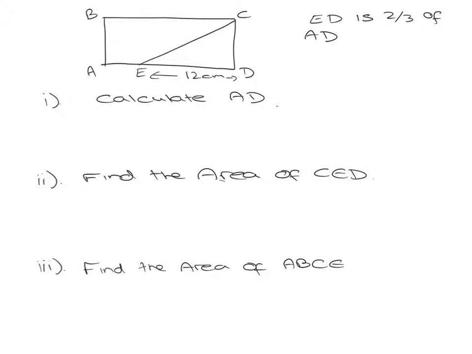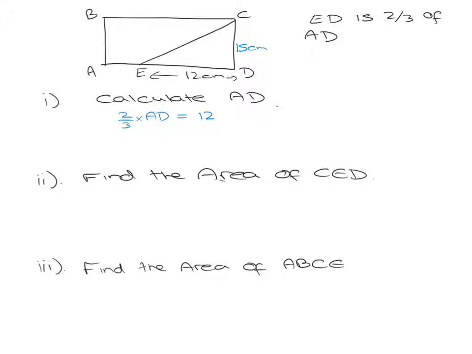So in this question, it's broken down for us in a couple of parts. CD is actually 15 centimeters, and it tells us that ED is 2/3 of AD. And because we know that ED is 12 centimeters, 2/3 of AD equals ED, which is 12.